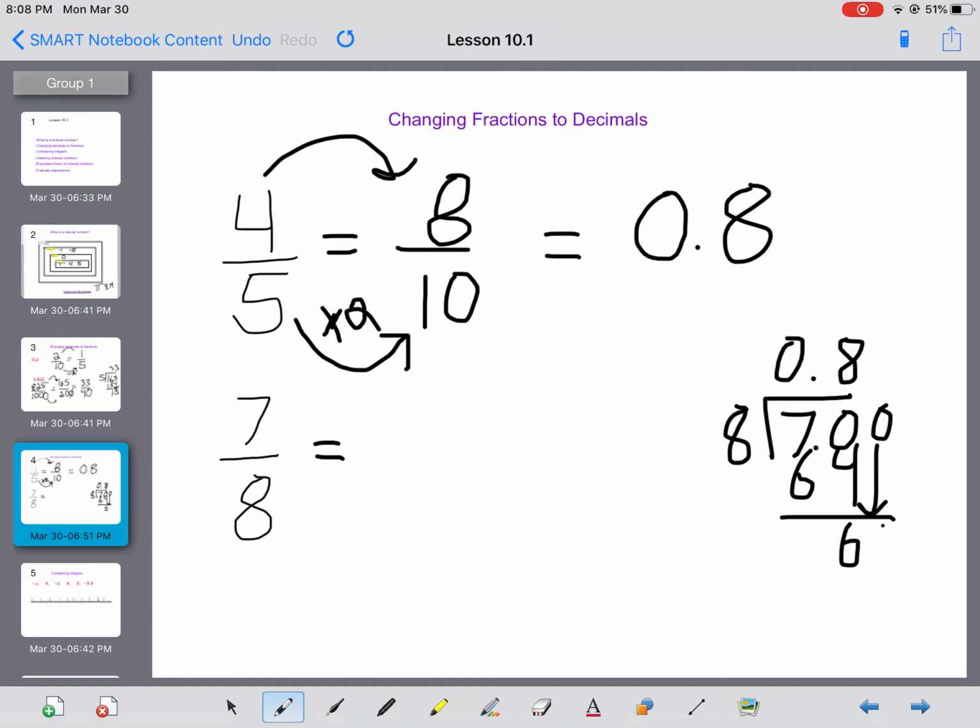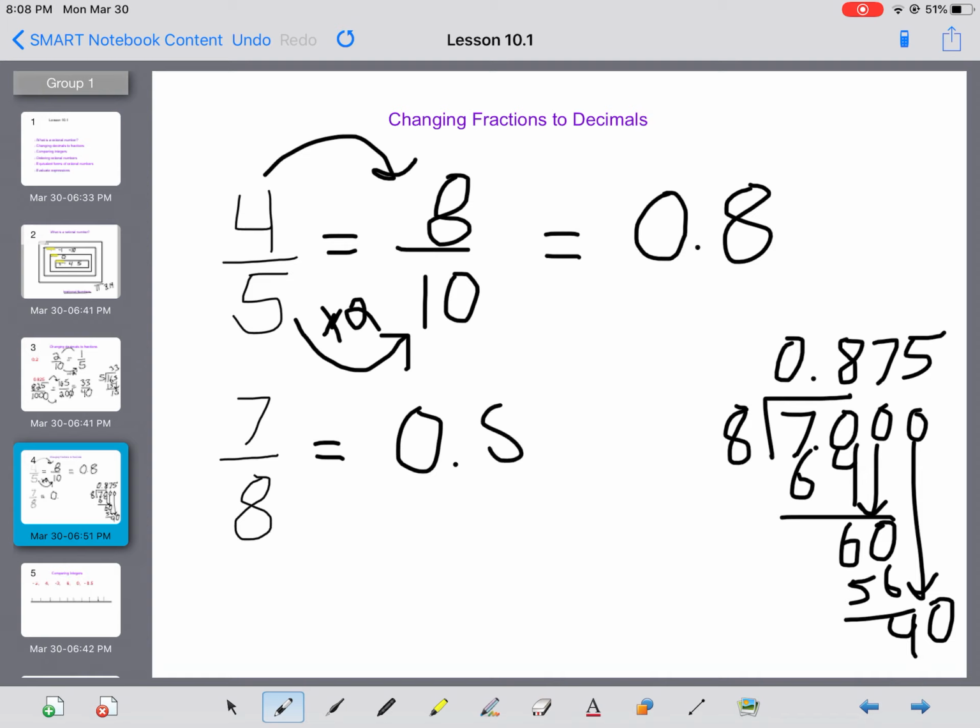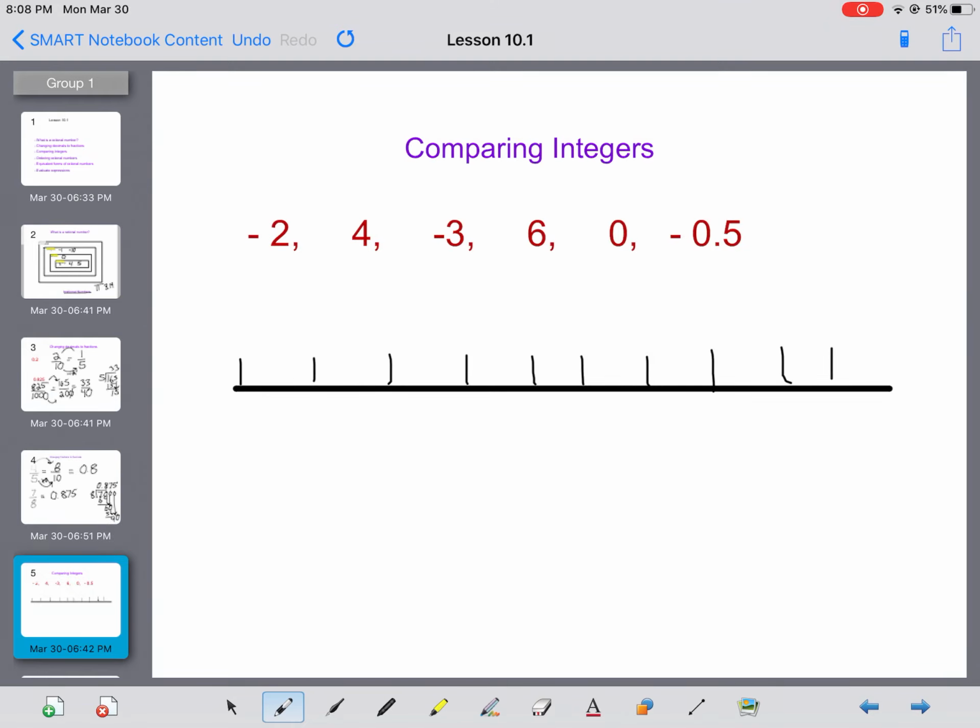Add a 0, bring it down. 8 goes into 60 7 times. 56. 4. Bring down a 0. 8 goes into 40 5 times. So I get this decimal, 0 and 875 thousandths.